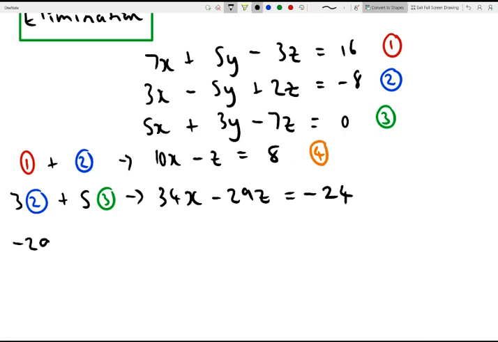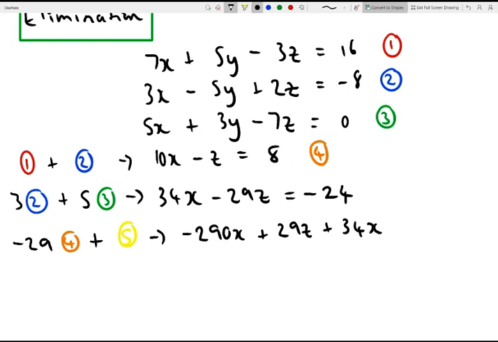If we multiply equation 4 by minus 29 and add it to equation 5, we will have minus 290x plus 29z plus 34x minus 29z is minus 256.